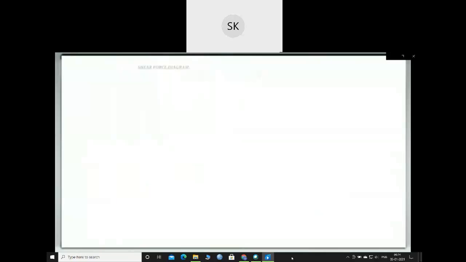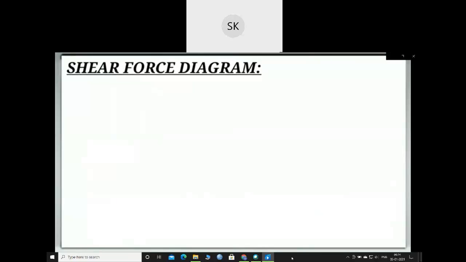Now for drawing the shear force diagram, we will start by drawing the span AB of the cantilever beam.